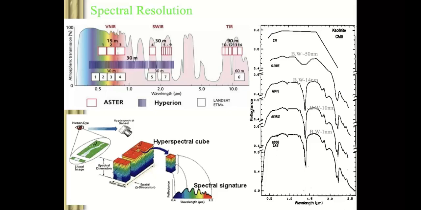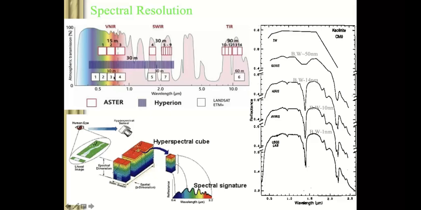So why does it have high spectral resolution? Because if you see most of the previous satellites, like Landsat, in Landsat ETM plus we have only 7 bands. Of these, 4 are in the visible and near infrared region, 2 are in the shortwave infrared region, and 1 is in the thermal infrared region.